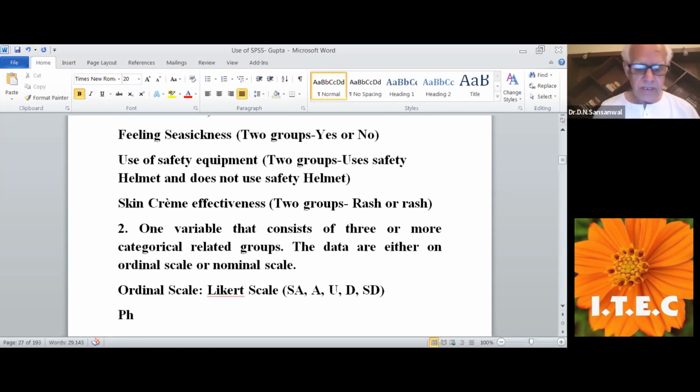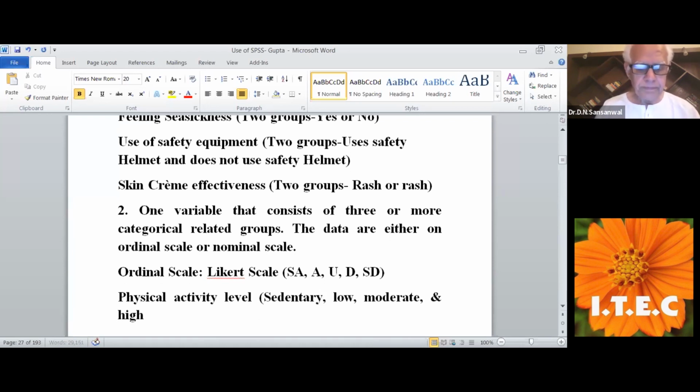Another is the physical activity level. It may be sedentary, another can be low, another can be moderate, and another can be high.